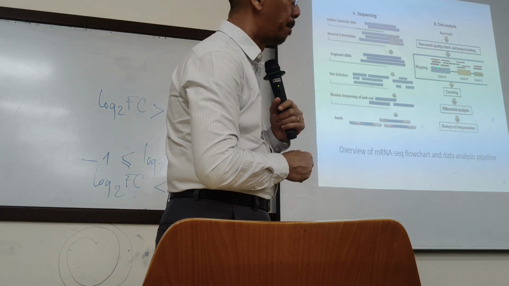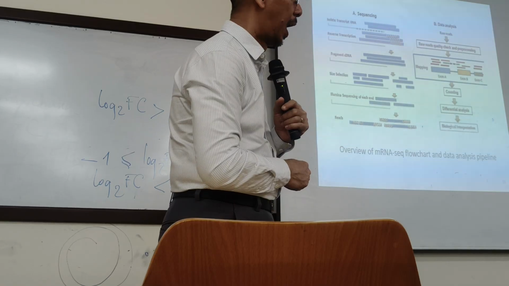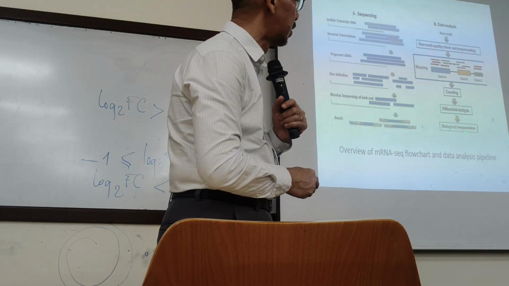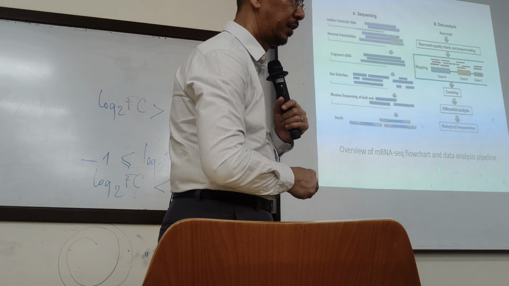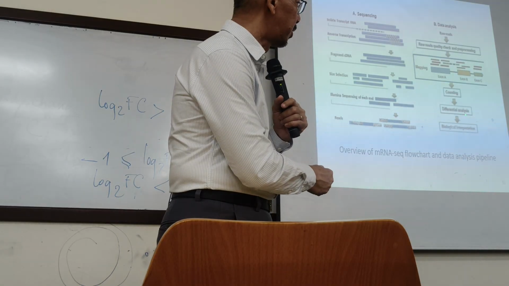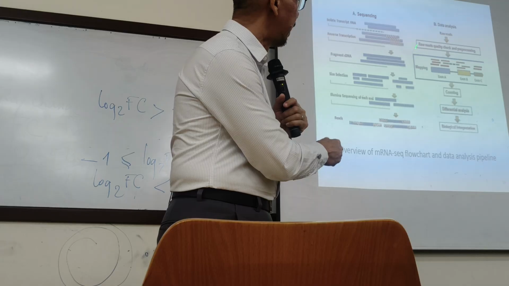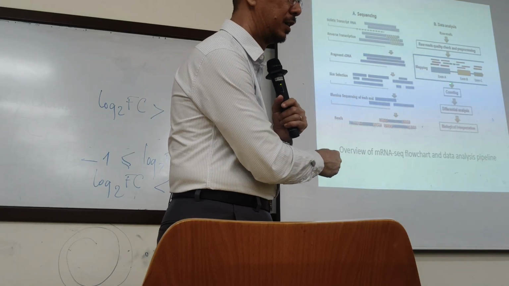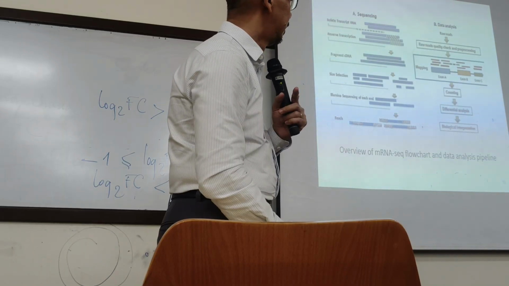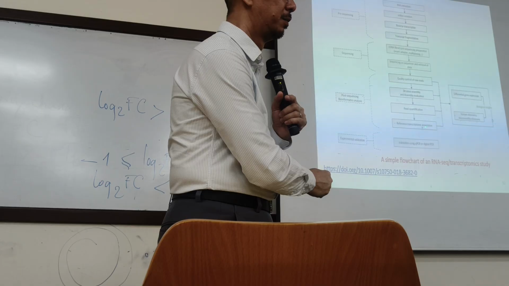Now, mapping, counting. After counting, differential analysis and biological interpretation, to identify which genes are expressed higher or lower. Differential analysis is based on the counting, and counting is based on mapping. So mapping and counting are the steps in read quantification.